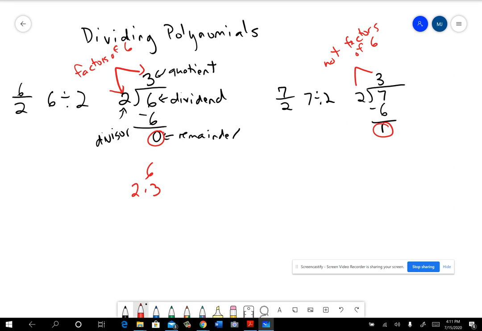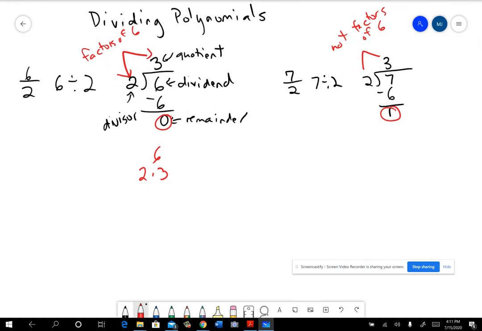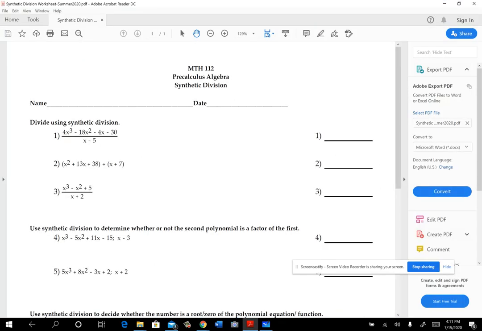when you're trying to divide polynomials, let me pull up an example. Okay, I'll do a made up one on this, and then we'll go to the worksheet.